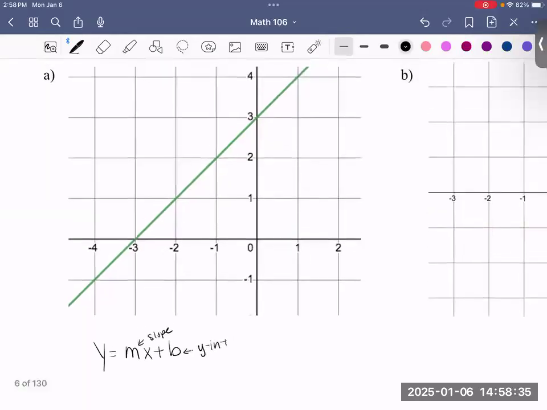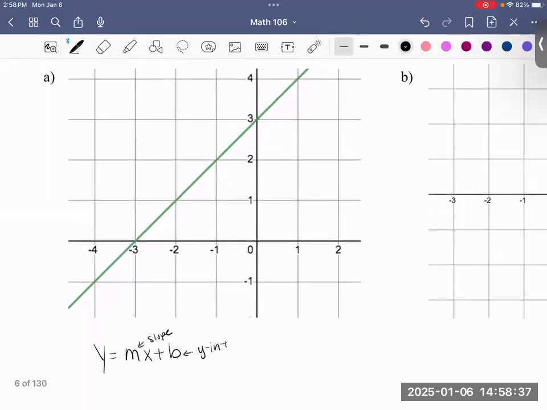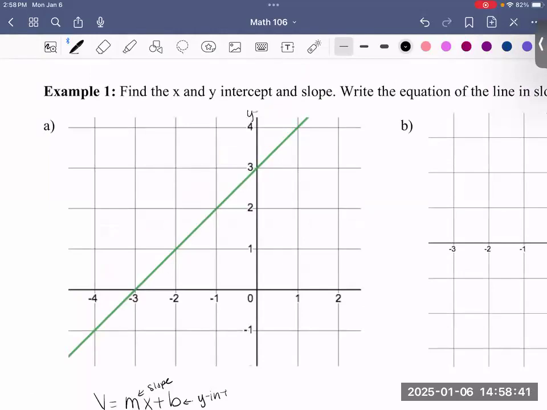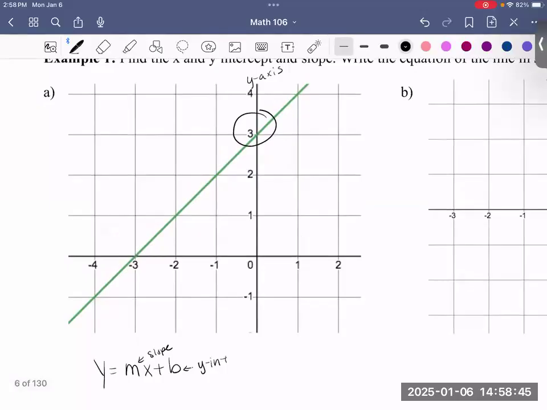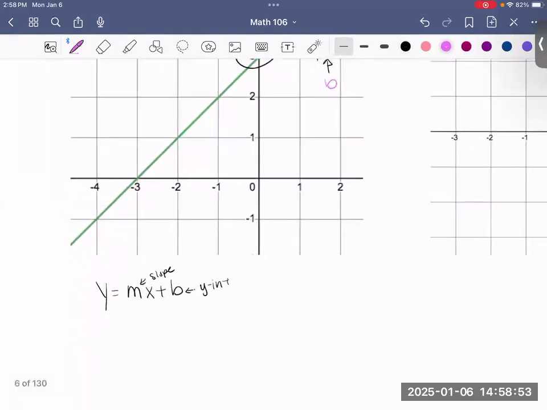So your y-intercept, we just referred to as when your line touches the y-axis. Well, you have your y-axis right here, and your line is touching at 3. So your y-intercept is (0, 3). Therefore, this must be your b. So y is equal to something plus 3.